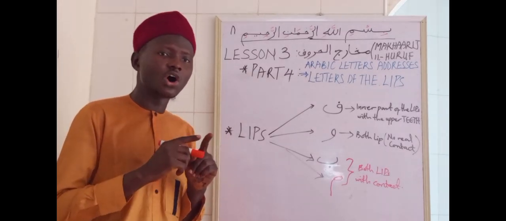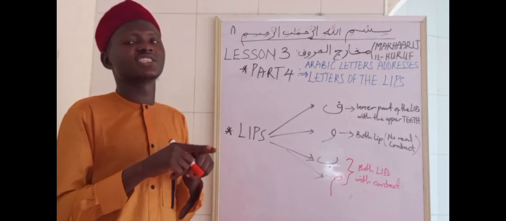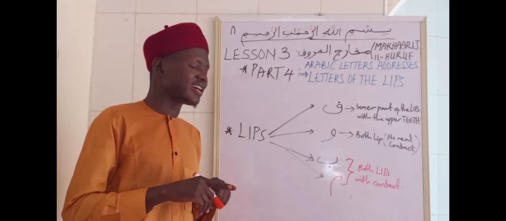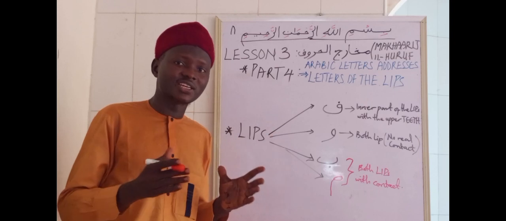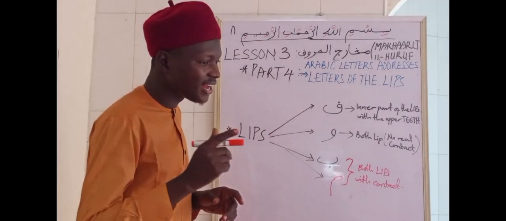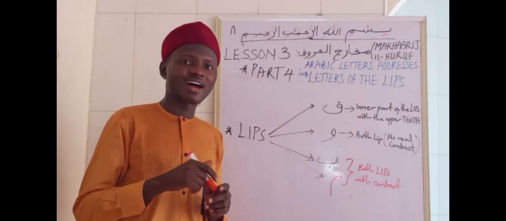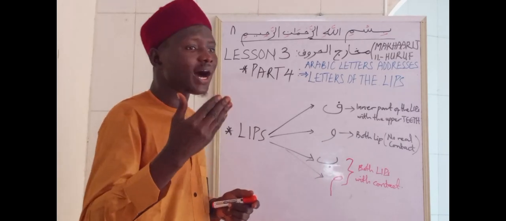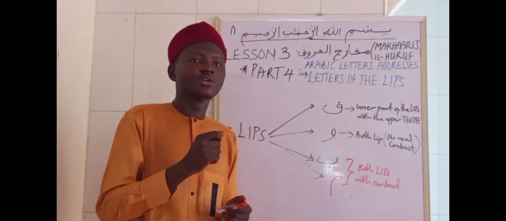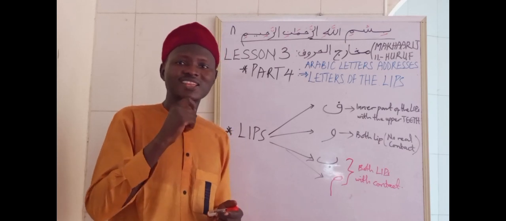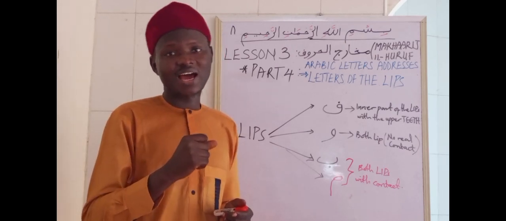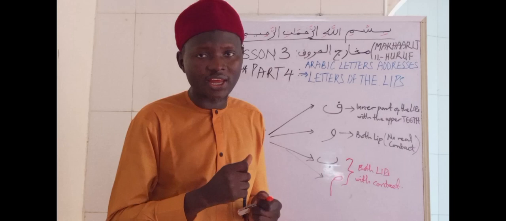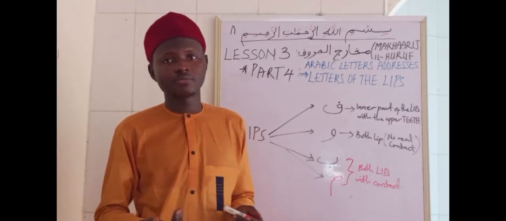Practice to ensure that you can differentiate between them so that you don't mix them up when reciting the glorious Quran or reading Arabic text, so that your listener, especially those who understand Arabic, can understand and write down whatever you are saying.